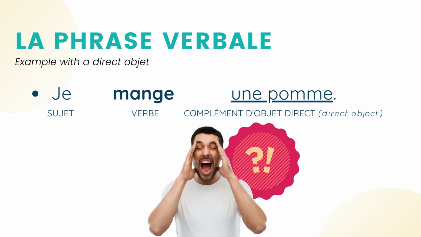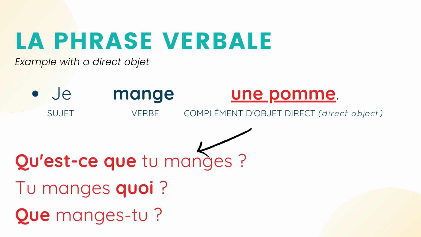Why is it a direct object? So, in the next slide, I will explain again how to identify a direct object in a sentence in French. You need to ask yourself the question you would ask to have the missing information.